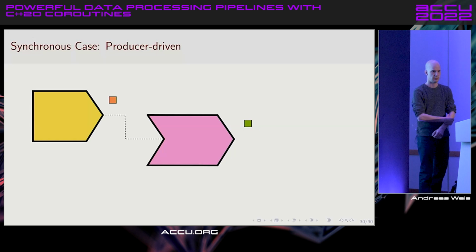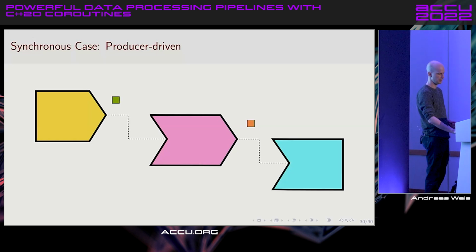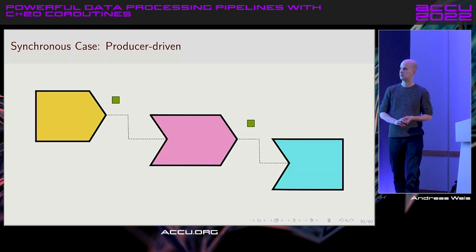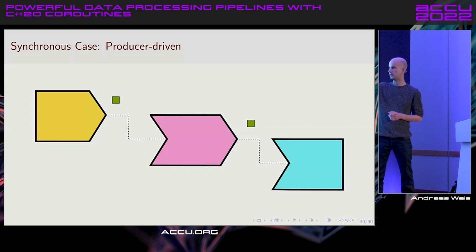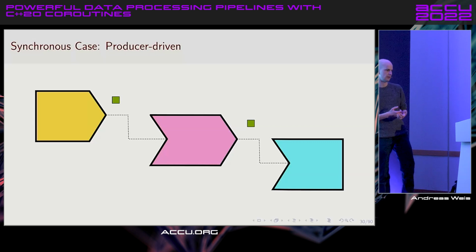Then it calls its downstream filter. The filter takes the input, transforms it into the output, then in turn calls the sync. The sync consumes the output, and then the whole thing starts again. I arranged the steps here in kind of a staircase pattern.